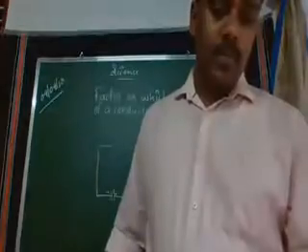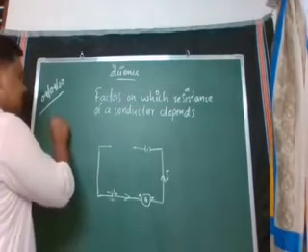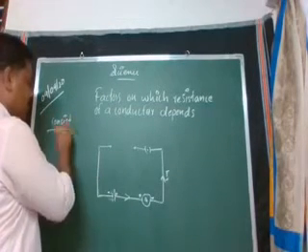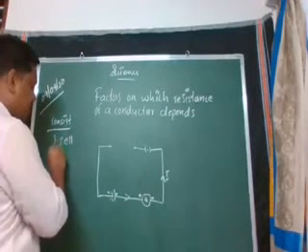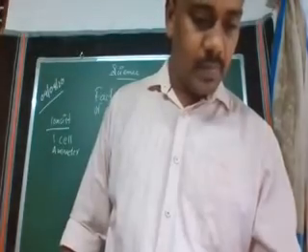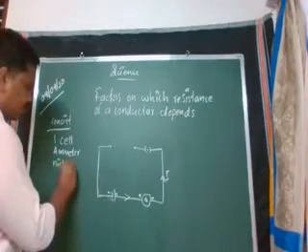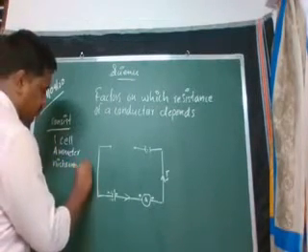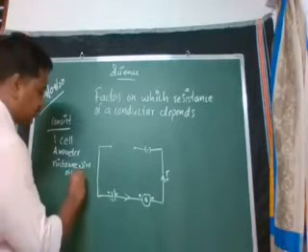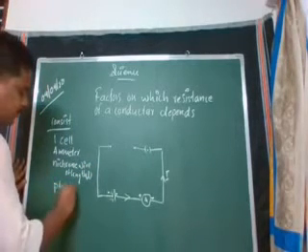So what are the components over there? It consists of one cell, an ammeter, a nichrome wire of length L, and a plug key.